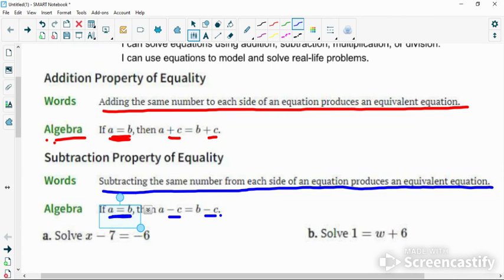We're going to look at 3 examples of this and see how we go about solving equations with these 2 properties. If there's anything you still need to write down, please pause the video and then press play as soon as you're ready.